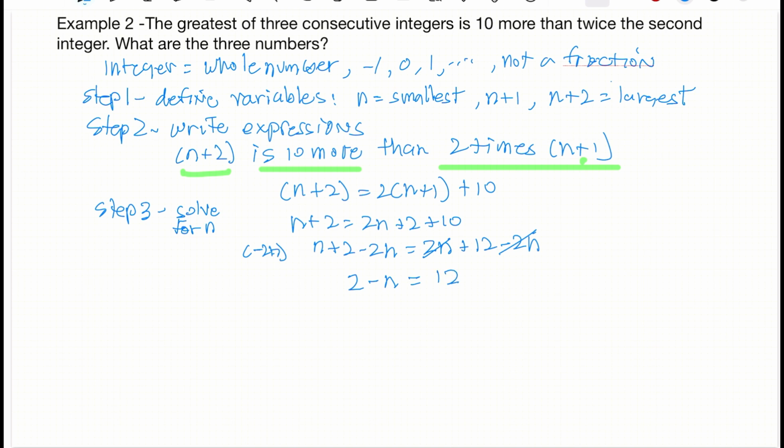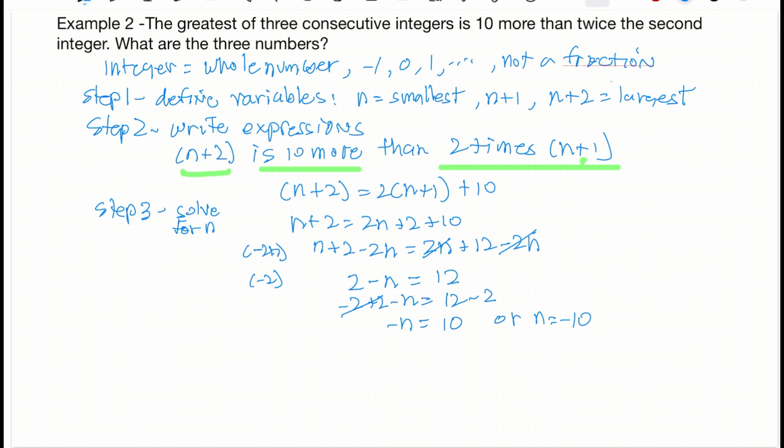Now, if we subtract 2 from both sides, we get minus 2 plus 2 minus n is equal to 12 minus 2. These go away, so minus n is equal to 10. Multiply by minus 1 on both sides, so we get n is equal to minus 10.